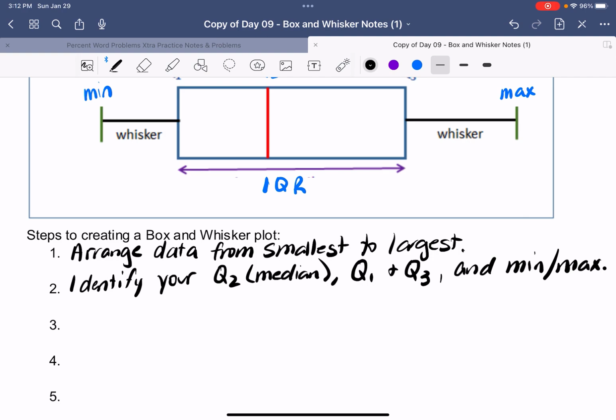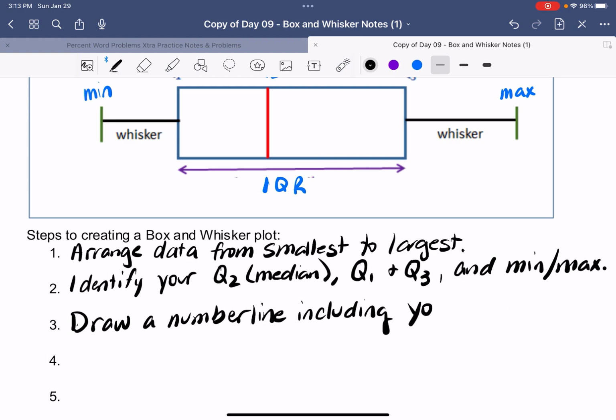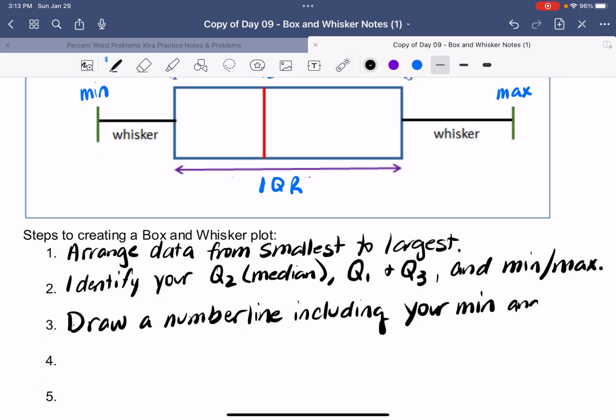Step 3 is going to be drawing a number line that includes your min and max, okay?